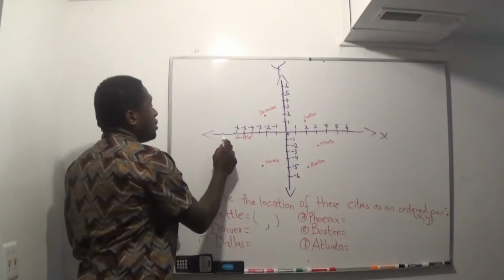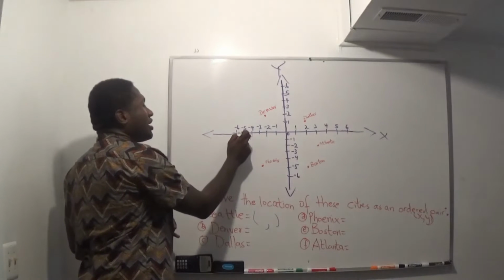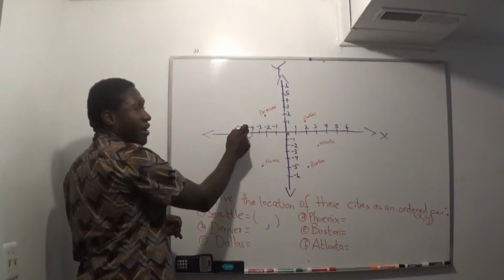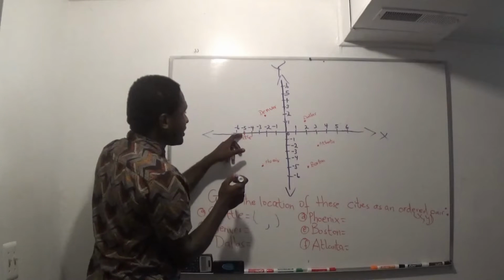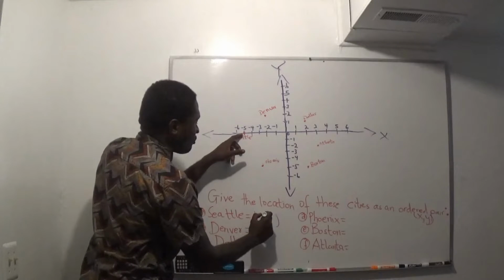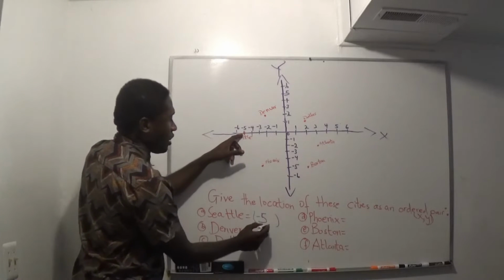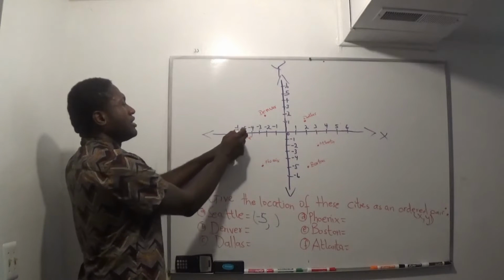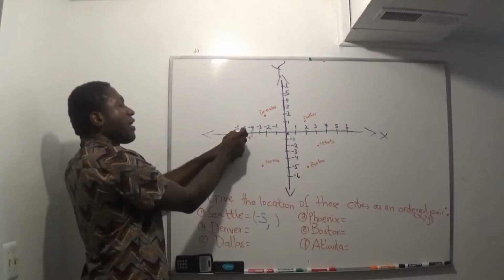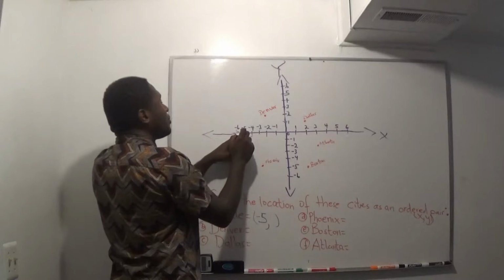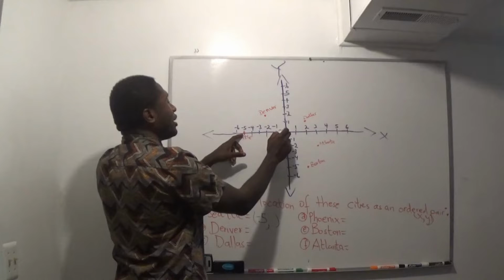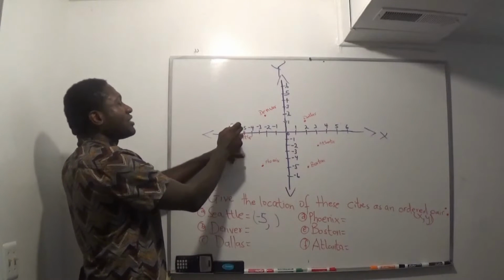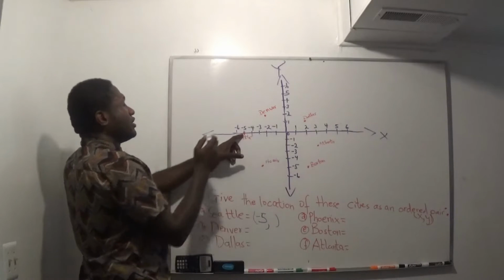Well, the point right here is on the X. And what is that X value? It's -5, right? So that means for Seattle, our X is -5. So we have a -5 right here. We have a comma, right? And what is your Y for this point? But your Y, this 0 right here, is also your Y. Because it's on the X axis, anytime you have it at the X, your Y is 0.